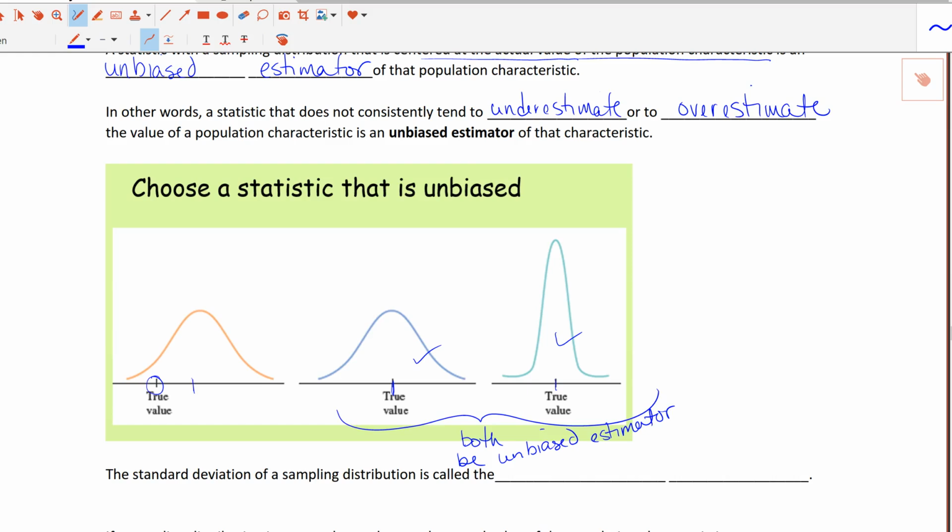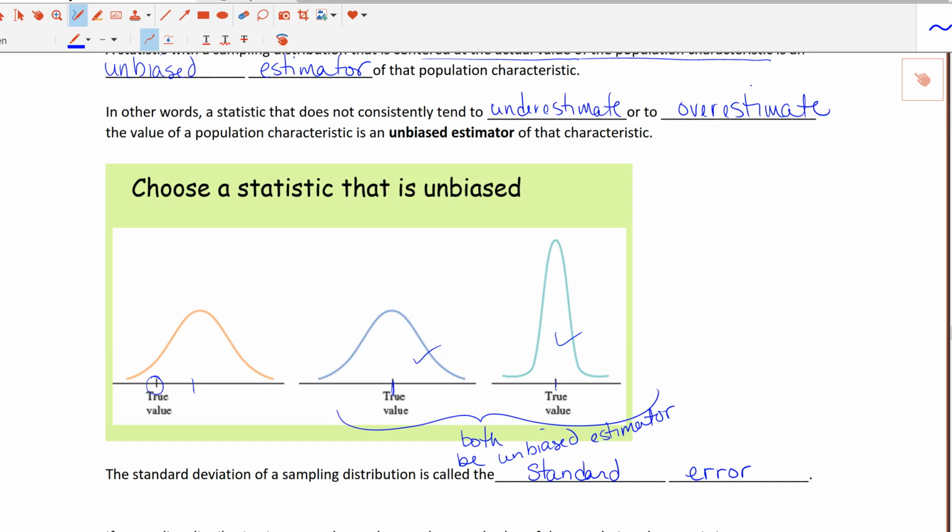And which one would be better? Well, if we think of the spread, the standard deviation of the sampling distribution is what we call the standard error. So the standard error is just a standard deviation. The bigger the standard error, the more variability there is.